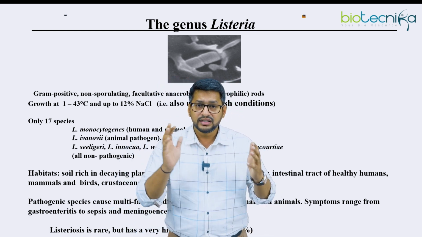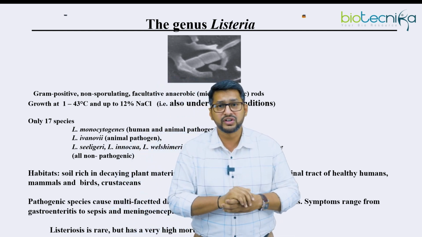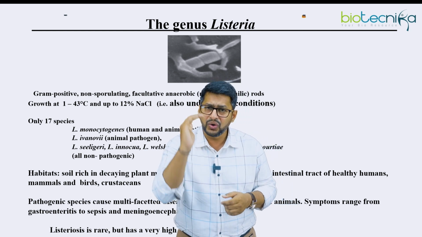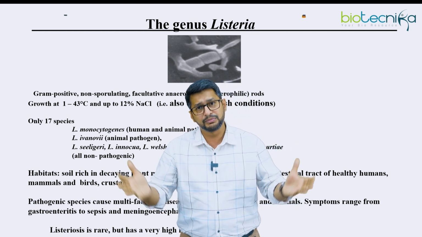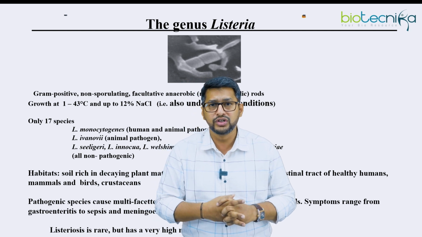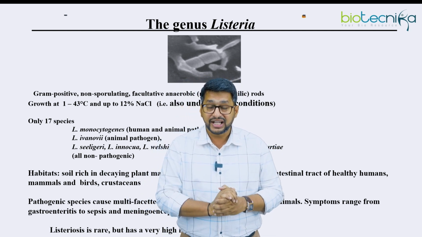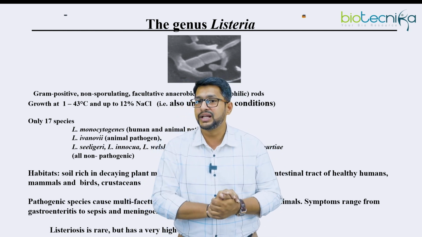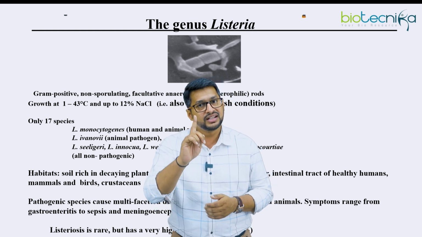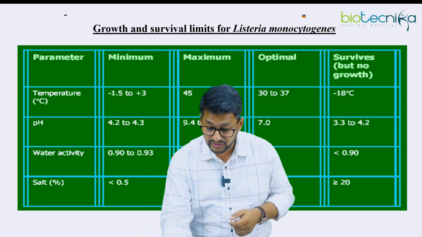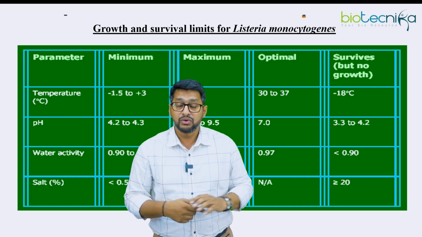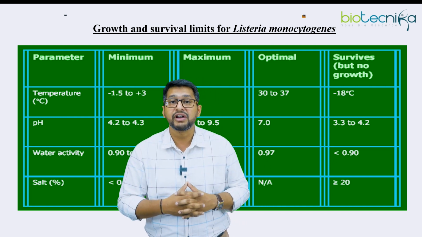This condition, which we call listeriosis, is rare in India because most of the time we cook food well before consuming it. However, if at any point you are infected with Listeria, the mortality rate increases up to 30%. Now, what are its growth and survival parameters?